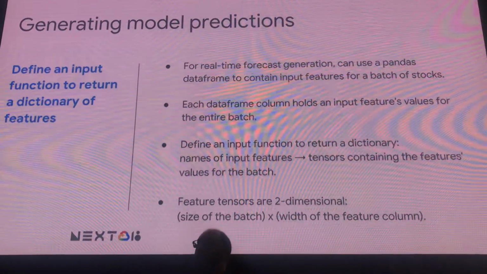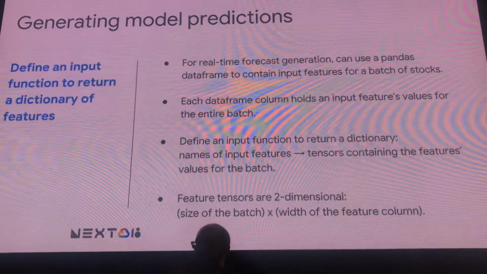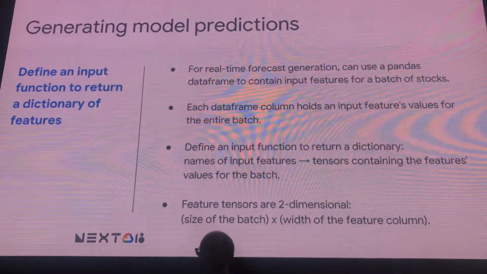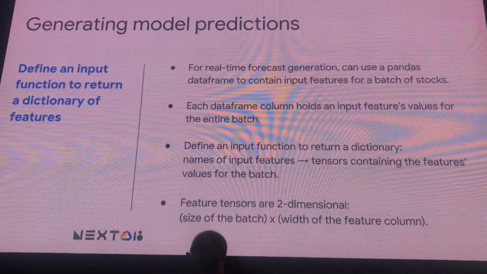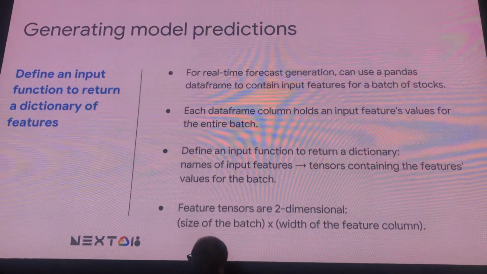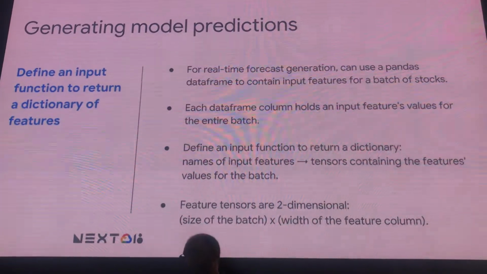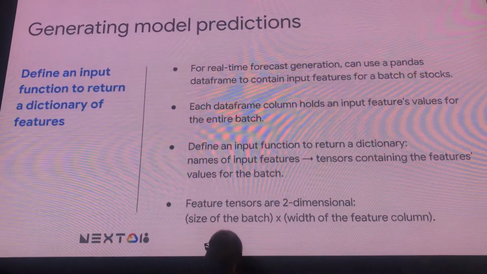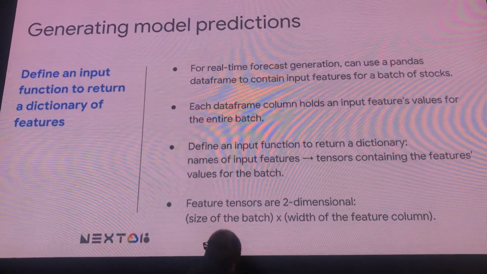As I said, we're going to be using a pandas data frame. In input functions based on a pandas data frame, each data frame row is going to include feature values for one training example, and each column is going to have feature values for one feature type. And the input function is going to return a dictionary mapping names of input features to tensors containing the feature values for the entire batch.